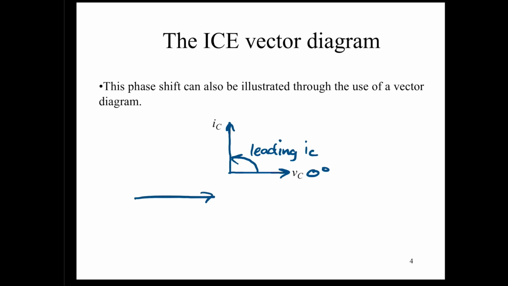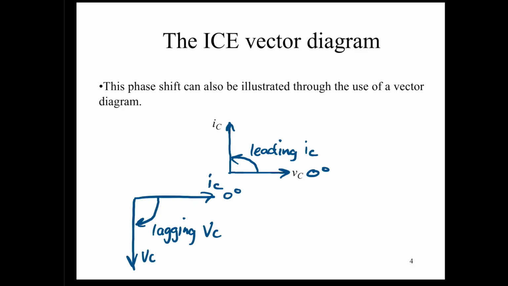we could say, well, if IC is our reference here, that means VC is going to be down here, and we have IC at 0 degrees, and with that as our reference, we would say we have a lagging VC.